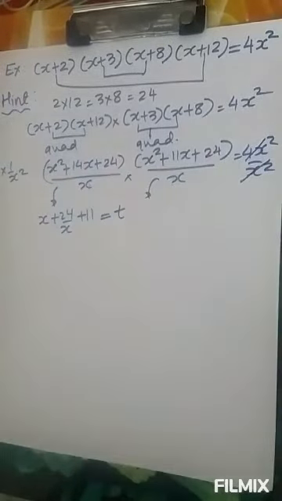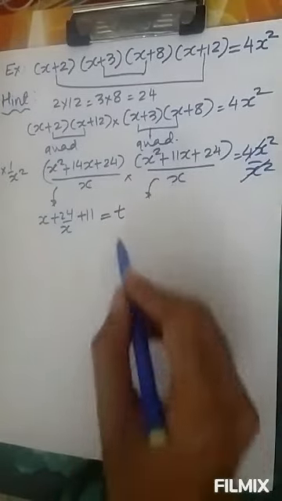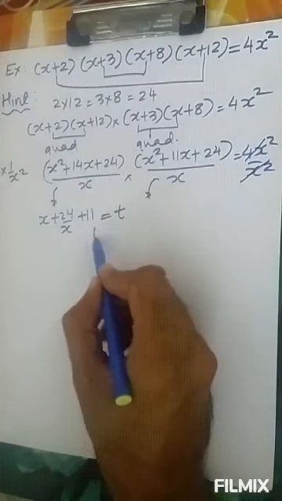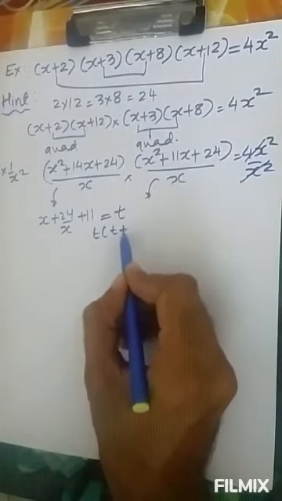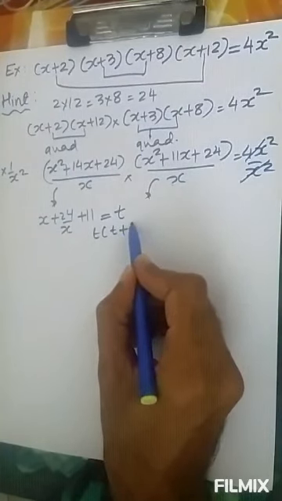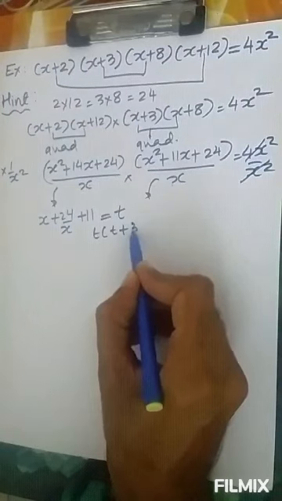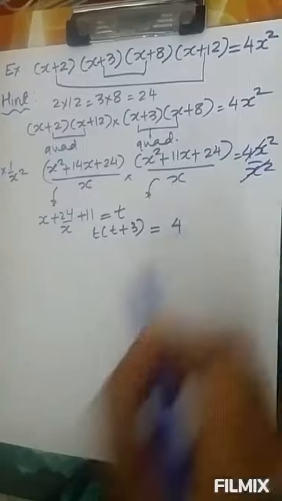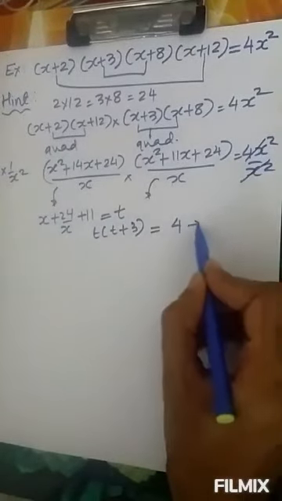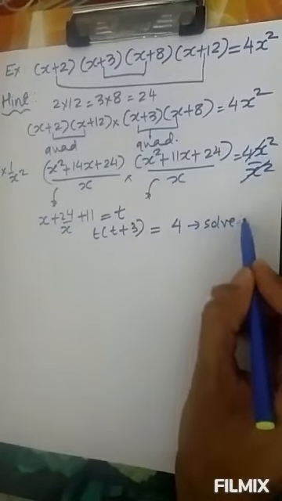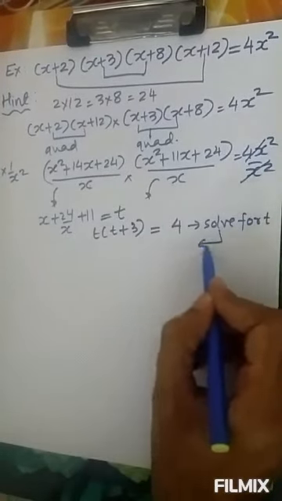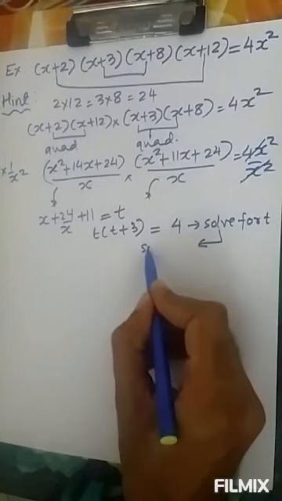When you assume this term as t, this expression simplifies to t plus 3 is equal to 4. Now solve for t, and after getting t, solve for x.